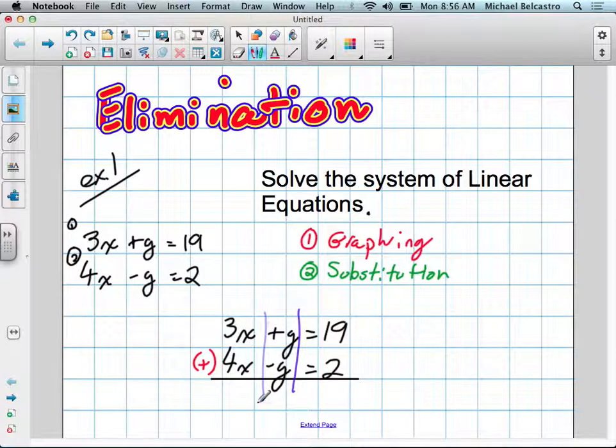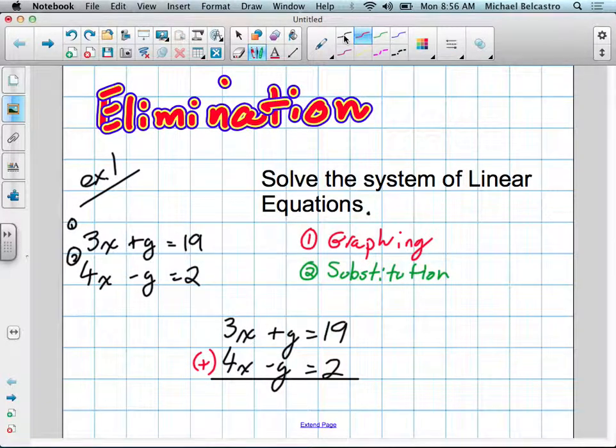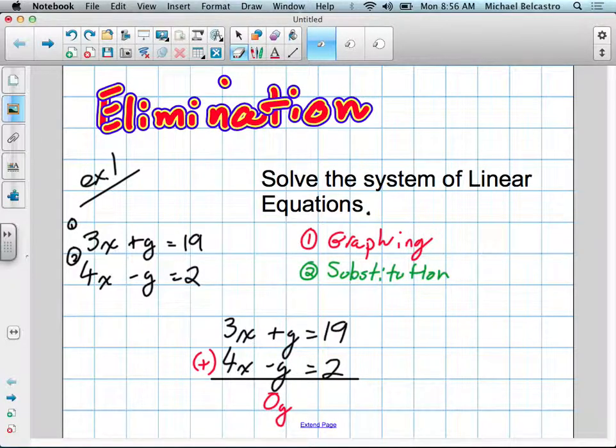Okay? I wanted to ask you guys that. If I add positive y plus negative y, what am I going to get? 0. I'm essentially going to get 0y, you could say. So we could say we're going to get 0y, and it could be a plus or a minus. But 0 times anything is going to be just 0. So it's going to be of no value to us. We'll keep it there anyways.